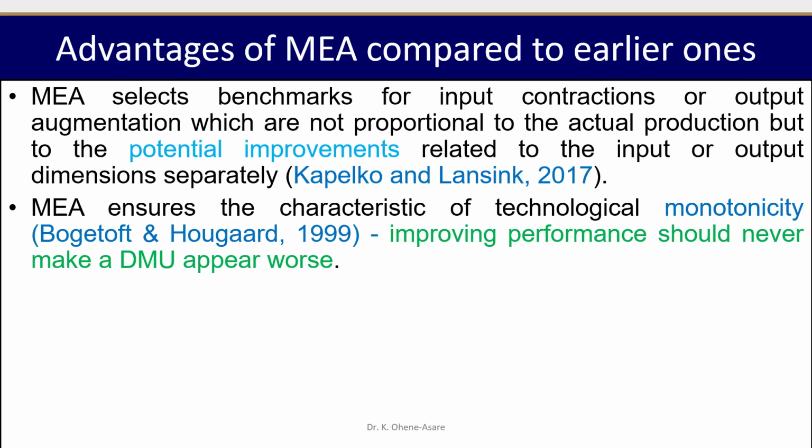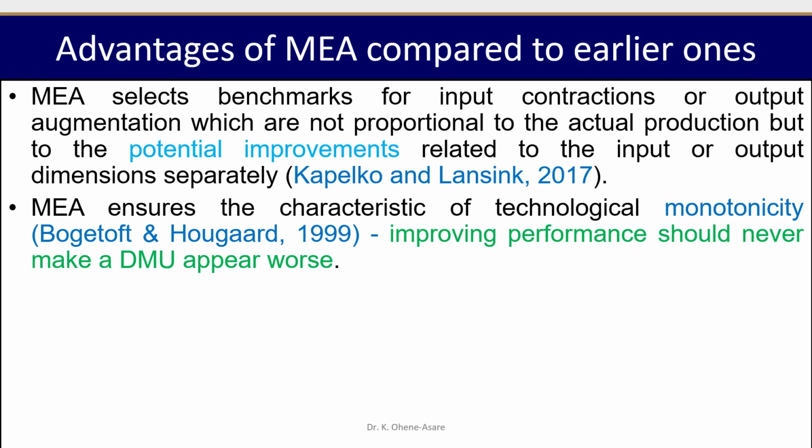And one thing is that because MEA is non-directional, it's not radial, it's horizontal, you are able to maintain the fact that the least the guy can do is remain as he was. It's not going to make the person worse.